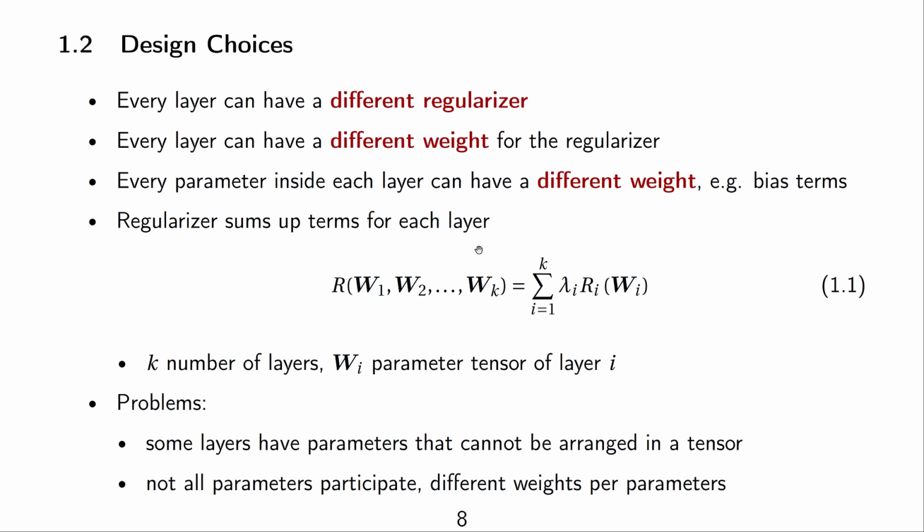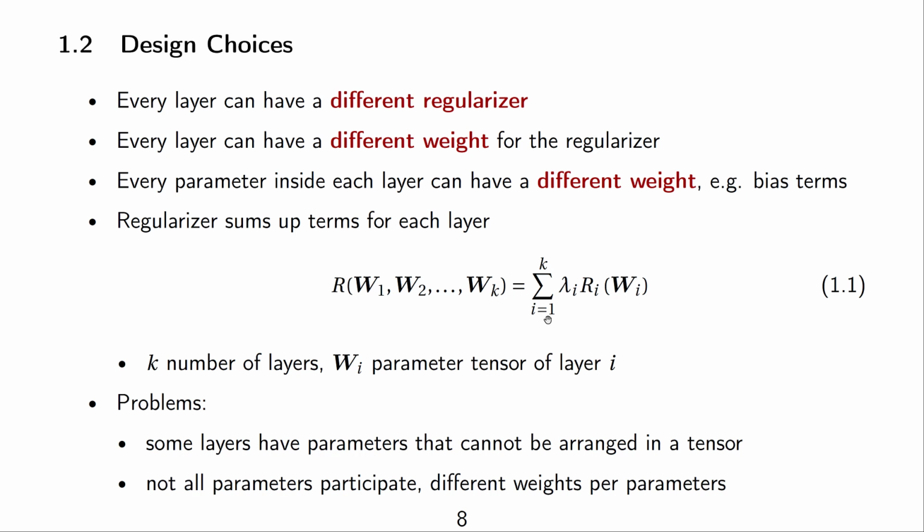One way to write that in an equation would be to say we have a regularizer that regularizes the complete network, and we'll have a network with k layers. So k is the index, and then w1 to wk would be the weight tensors for each of the k layers.